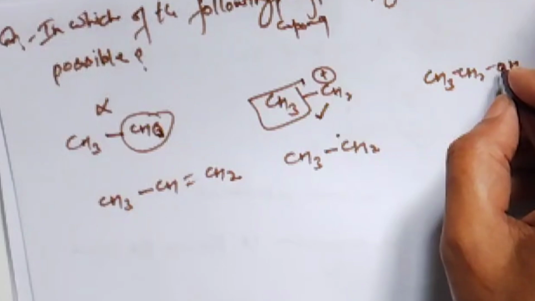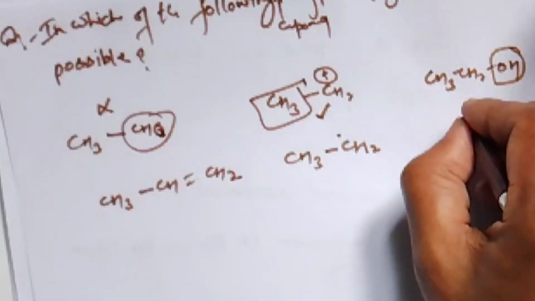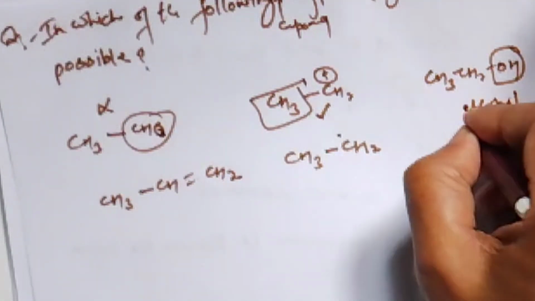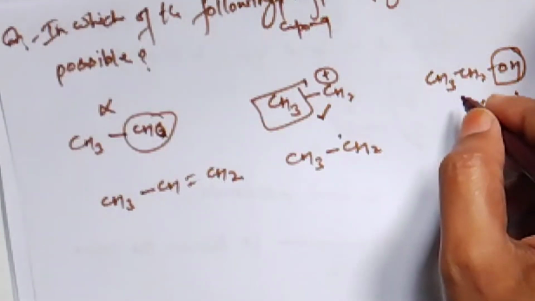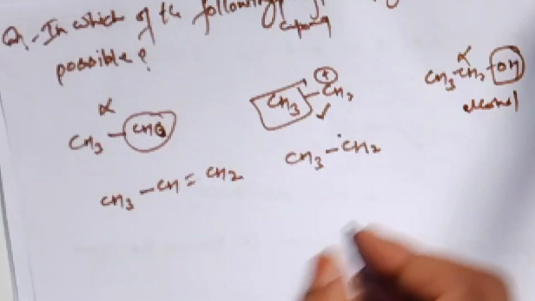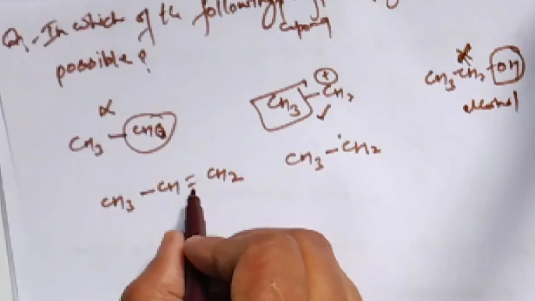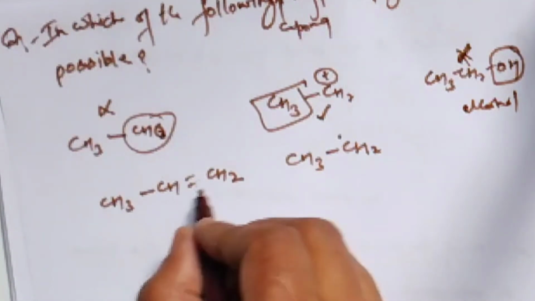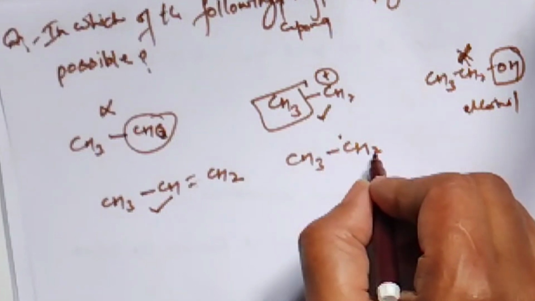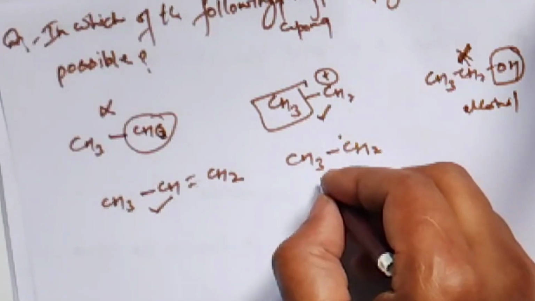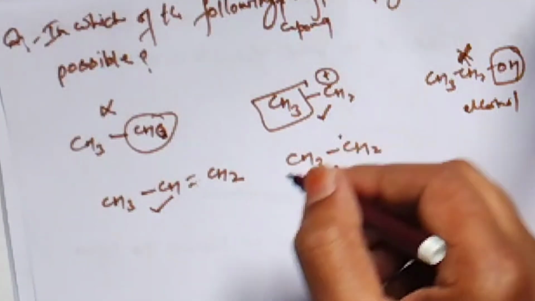This compound is an alcohol and hyperconjugation is not possible. This compound is an alkene, with a double bond, and hyperconjugation is possible. This compound also has a free radical, and hyperconjugation is possible.